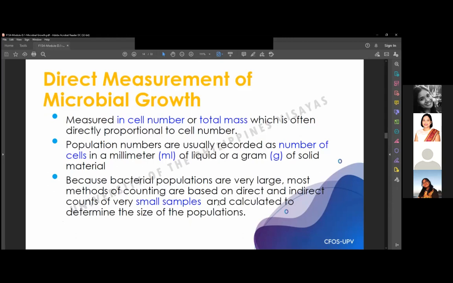We have the direct, and we also have the indirect. Okay. So the population numbers are usually recorded as the number of cells in milliliter, so cells over ml. Yun yung unit na ginagamit, or cells per gram of sample. All right.